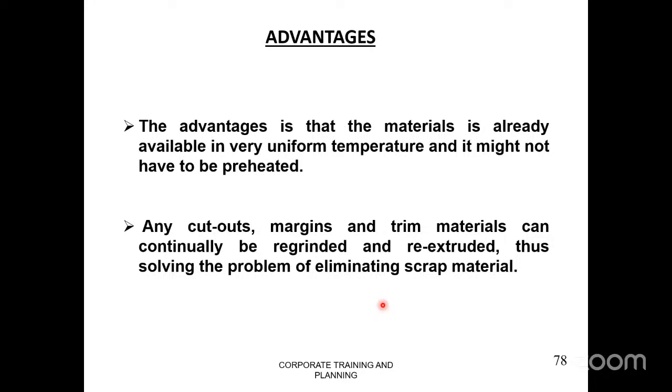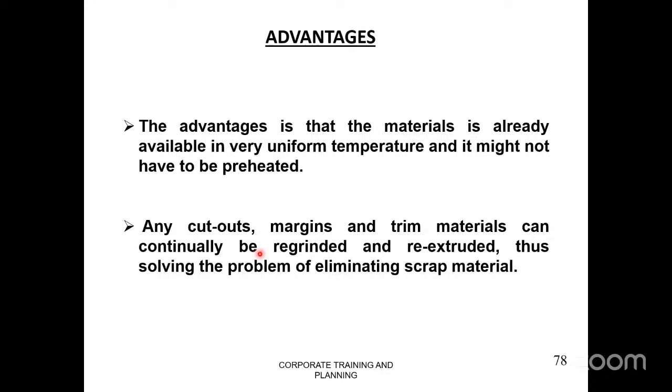Because it is an inline process, the advantage is that the material is already available at a very uniform temperature, and it might not have to be preheated, because you do not have a reel of sheet or film that is not preheated.